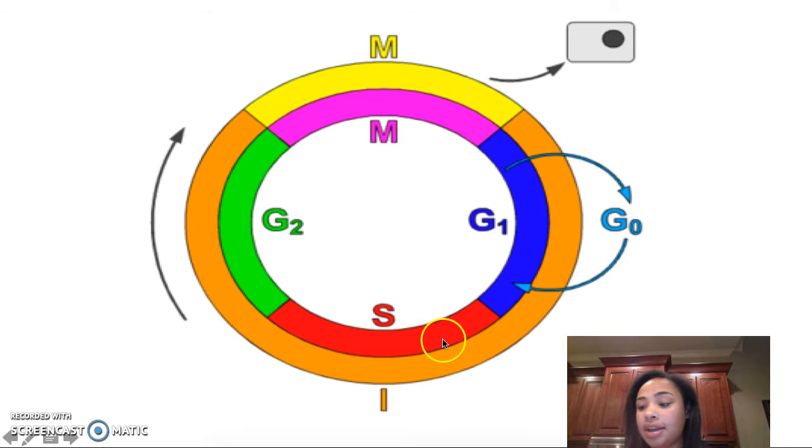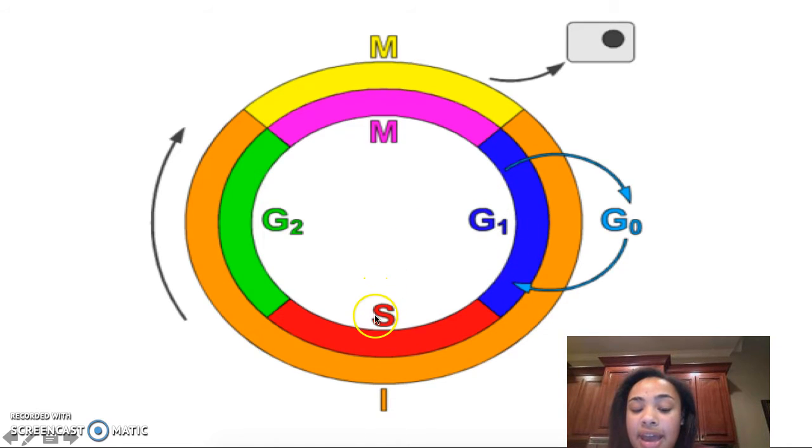Interphase is the first part of the cell cycle, and the cell spends 90% of its time in interphase. It is the largest part of the cell cycle. We divide it up into 4 subgroups, and we're just going to discuss these three and discuss this one later. The first subunit of interphase is G1, the GAP1 subunit, and in the GAP1 subunit, the cells increase in size, produce RNA, and synthesize protein.